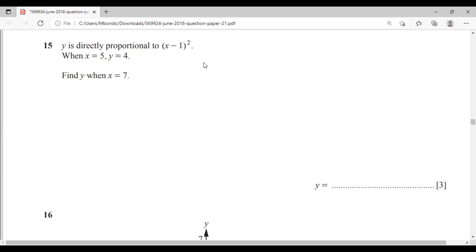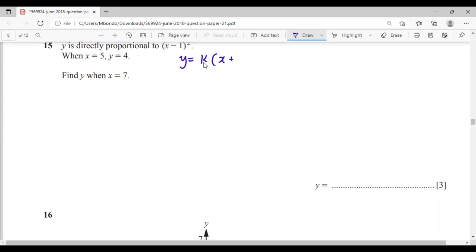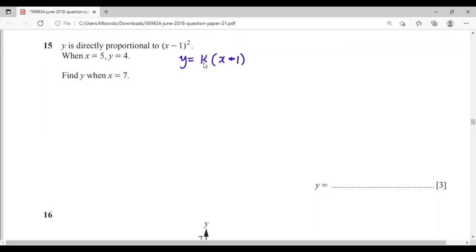Okay, so the first thing that we're supposed to do is to write this as an equation where we have a constant, k. So we have been told that y is 4 when x is equal to 5.